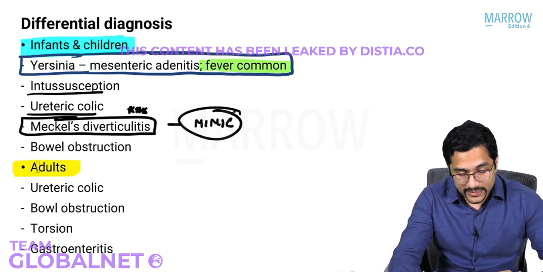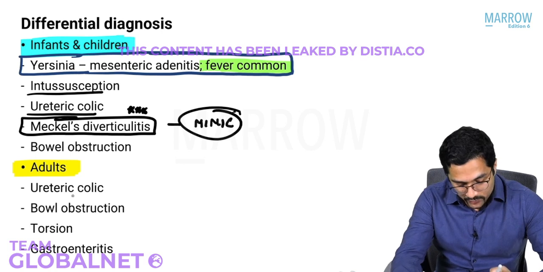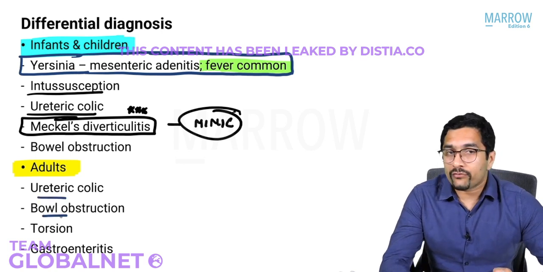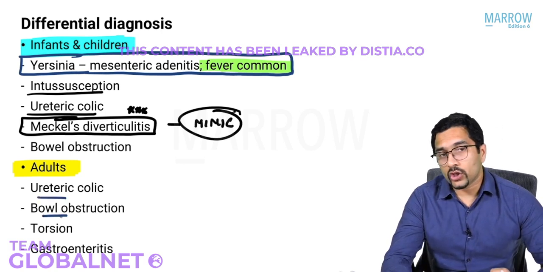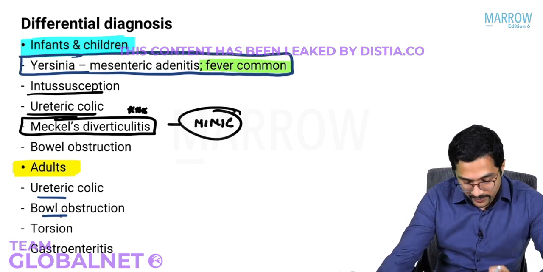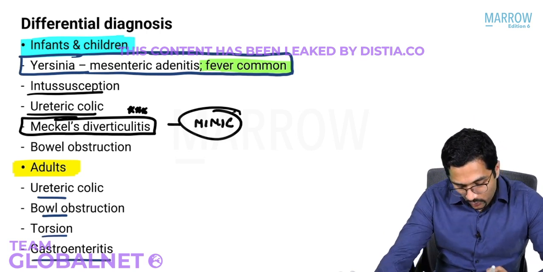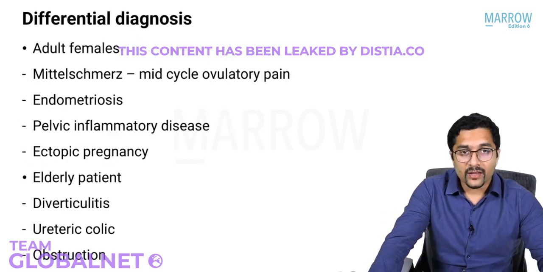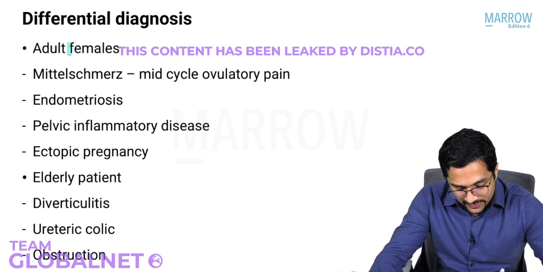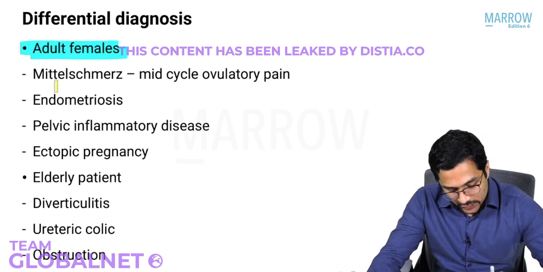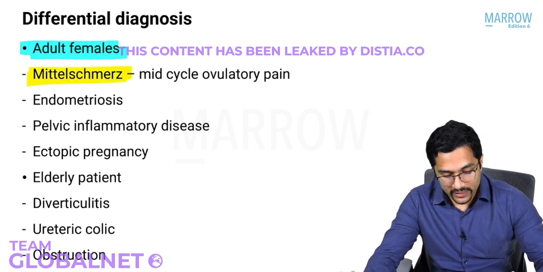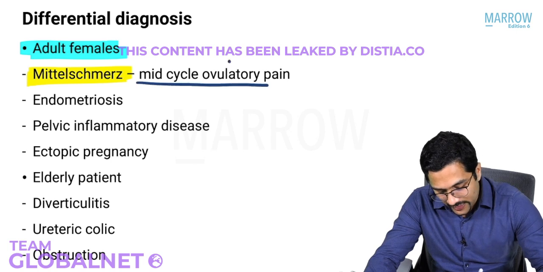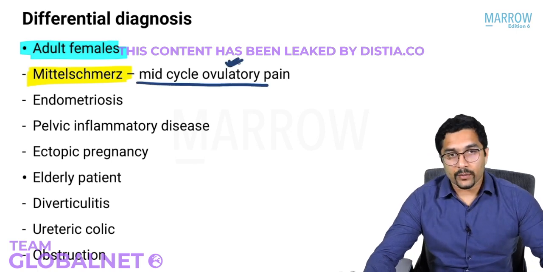In adults, again, it can be ureteric colic, it can be bowel obstruction, it can be torsion of the ovary, it can be torsion of the testis, which can give rise to pain in the right iliac fossa, or gastroenteritis also, which can be a differential diagnosis. In females specifically, very important, Mittelschmerz. Mittelschmerz is mid-cycle ovulatory pain, and on the right side, this can mimic acute appendicitis.